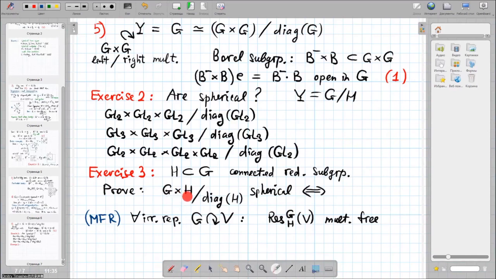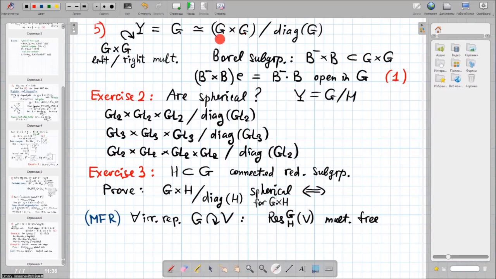This is a good question. The acting group is G cross H. Let me write it explicitly. Spherical for G cross H. Exactly as in this fifth example.